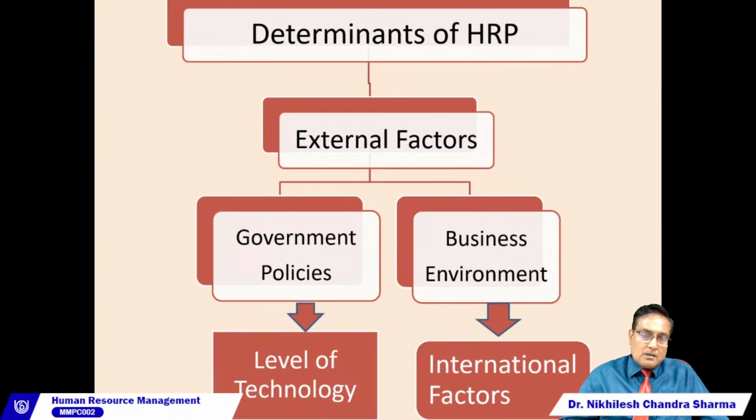Then the business environment, which is dependent on the economy, what supports are provided by the government, and the business environment, national as well as international. The level of technology is also part of the external factors when we are planning accordingly. While in the case of the business environment, there are international factors.